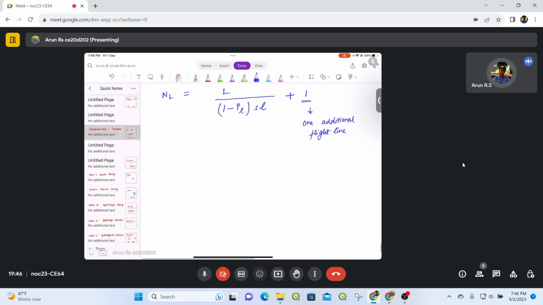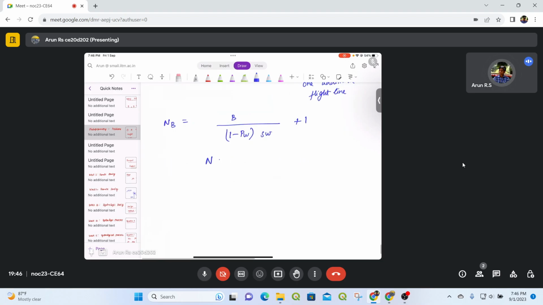If it is having two additional flight lines, then you add plus two. Similarly, the number of photos on the width will be 1 divided by EW into SW, plus 1.